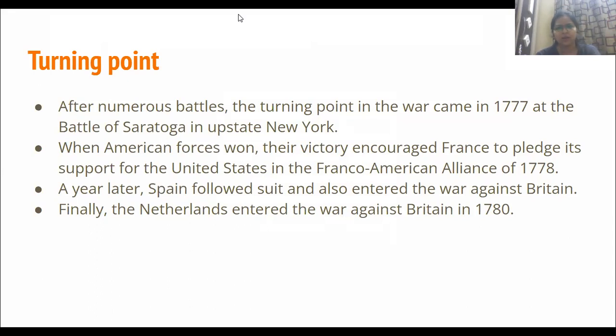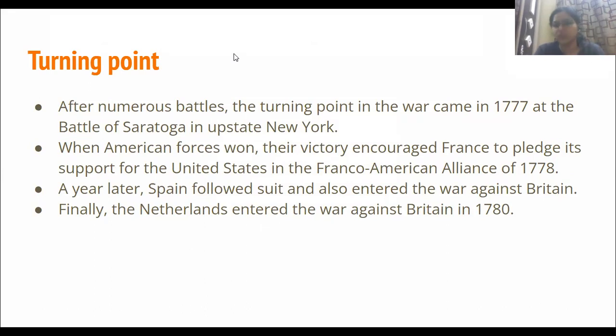Yes. So this Battle of Saratoga was very important. As I mentioned, in this battle American forces emerged victorious. And as America was seen to be victorious, France, you know, the French and British, bitter enemies, traditional enemies of each other, as soon as they saw that the Americans had emerged victorious, the French immediately came and supported the Americans.